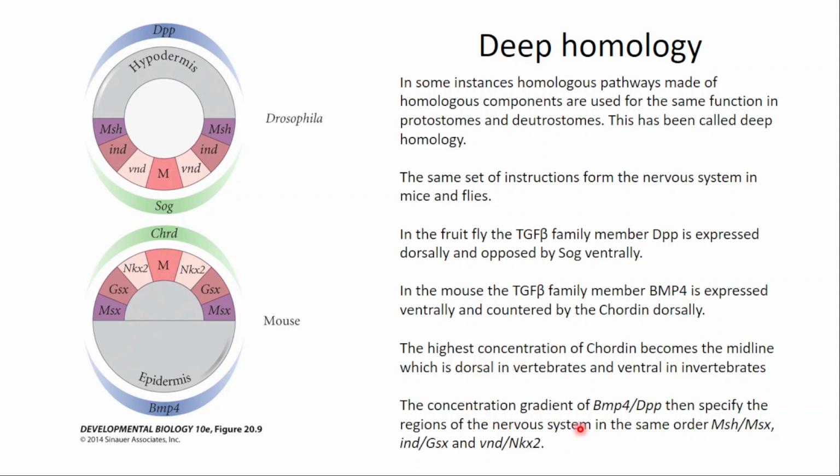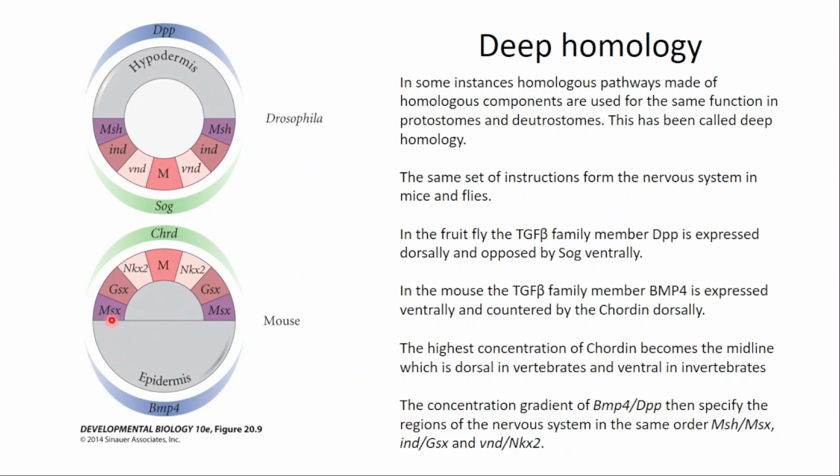The concentration gradient of BMP4, DPP then specifies regions of the nervous system in the same order: MSH, MSX, IND, GSX, VND, and NKX2. So highest concentration of inhibitor at the dorsal side and in the ventral side respectively. Then we have different cells which are experiencing different gradients of the BMP protein or the DPP protein, and the cell fate is determined in a similar manner both in the protostomes as well as in the deuterostomes, in the Drosophila and mouse.